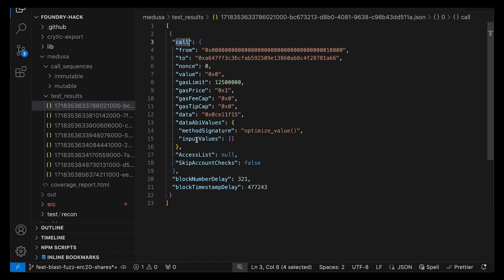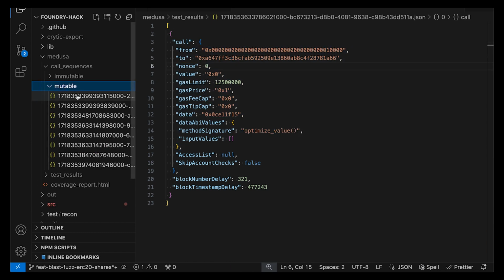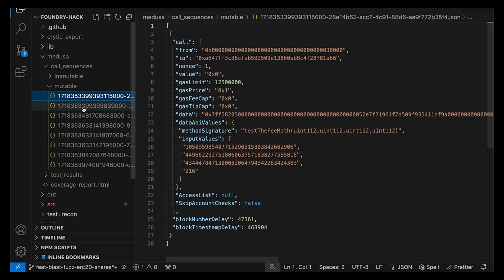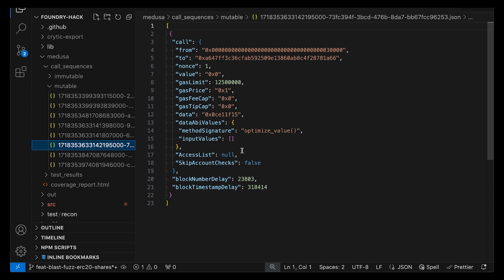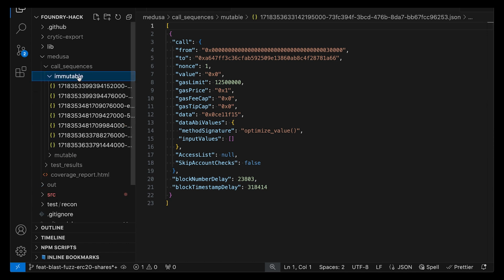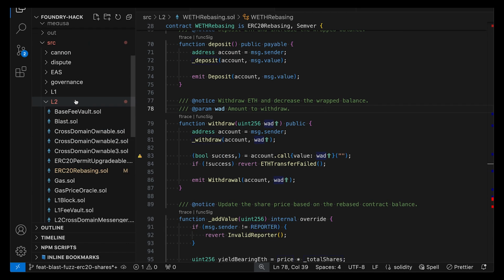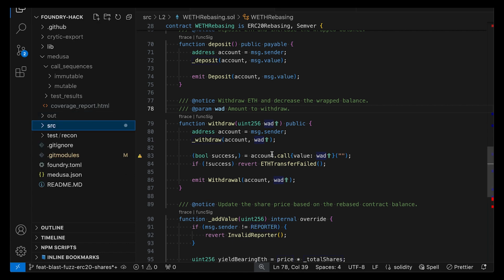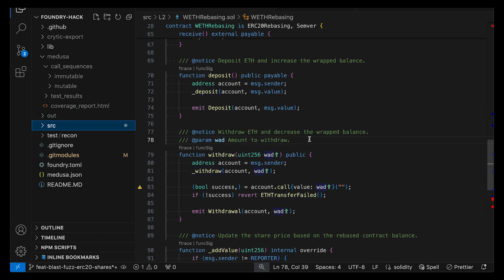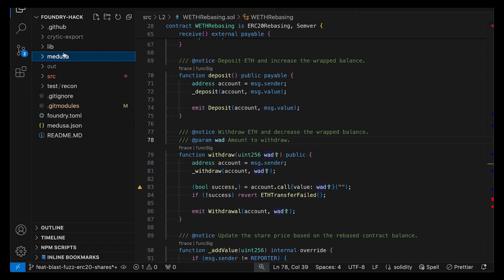They're fundamentally just the data to reproduce calls, and they have the call sequence, which is literally the list of calls that they're doing. So this is the corpus, and the corpus is automatically reused anytime you run Medusa again. So the way you reuse a corpus is by doing nothing and just leaving that folder be, and it will reuse it automatically.